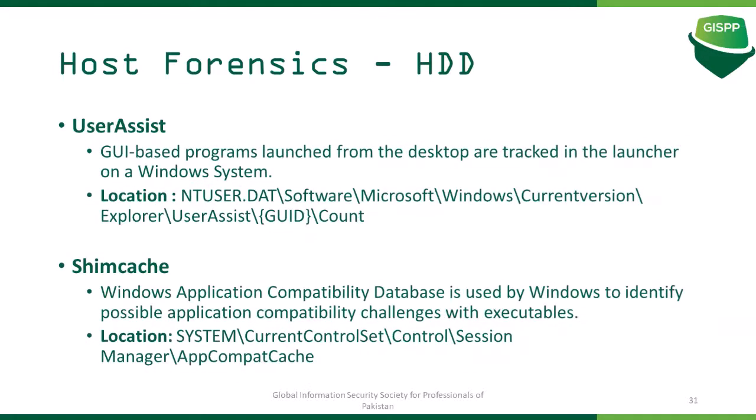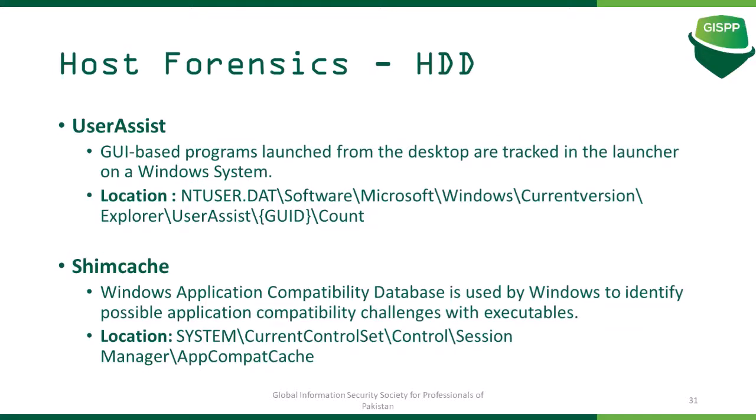In host forensics, there are lots and lots of artifacts. If something has happened within your system, you can always detect it. There must be some traces that the attacker has left, especially in Windows 10, because Microsoft is proceeding rapidly towards good security frameworks.